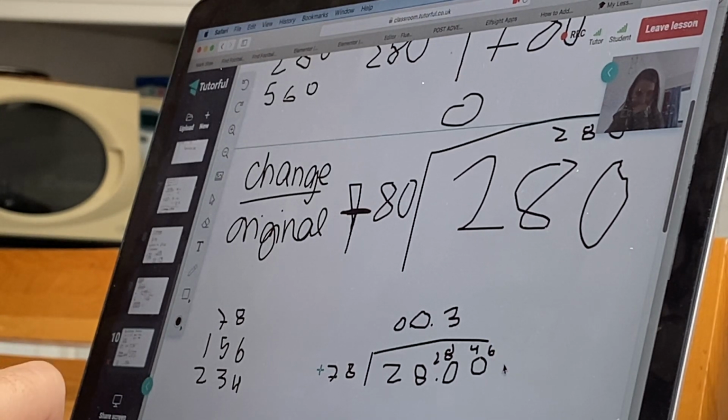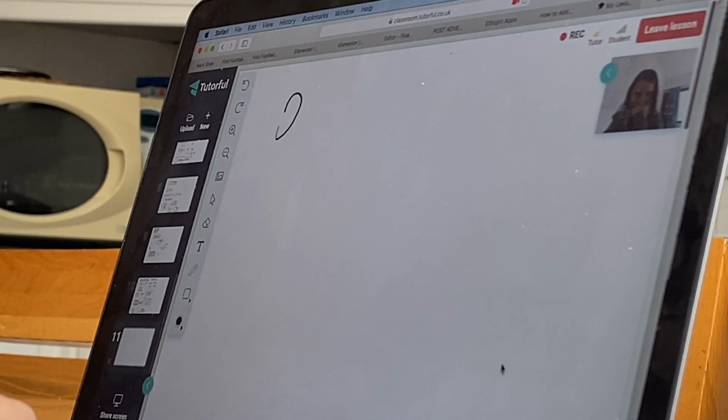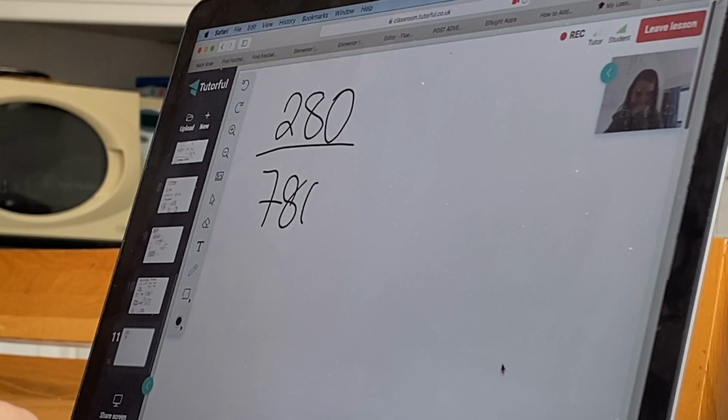I think what we could do here is use a fraction to simplify it to its simplest form, and then complete the division from there, just to make the numbers a little bit easier to work with. So we're trying to divide 280 by 780.